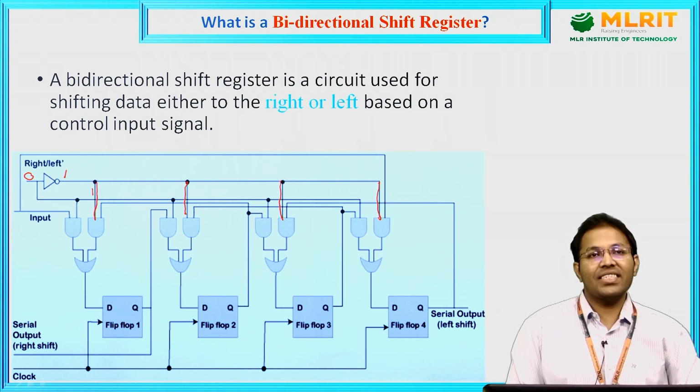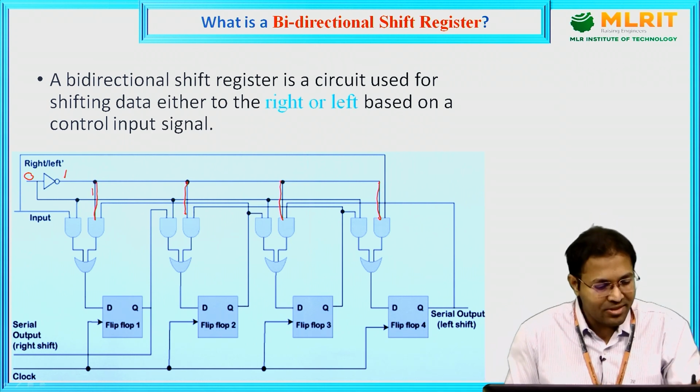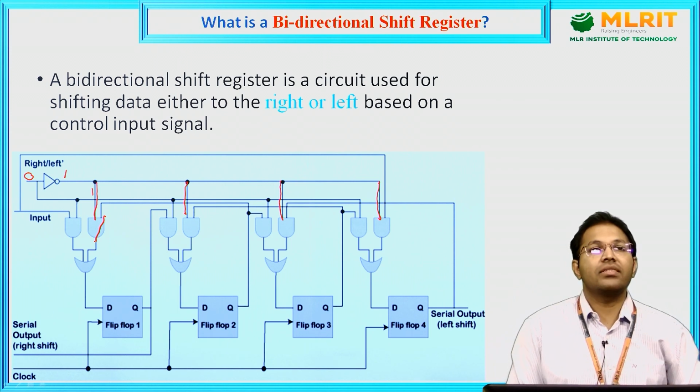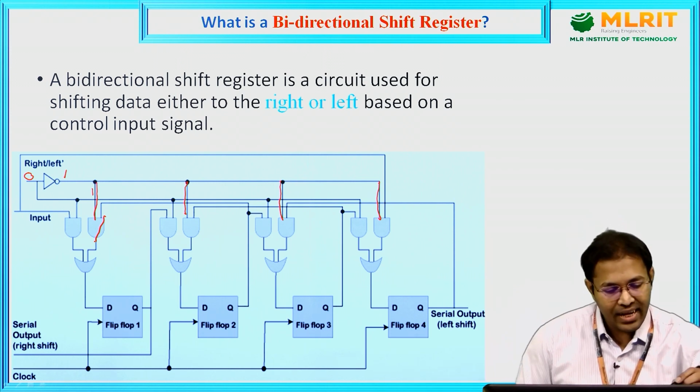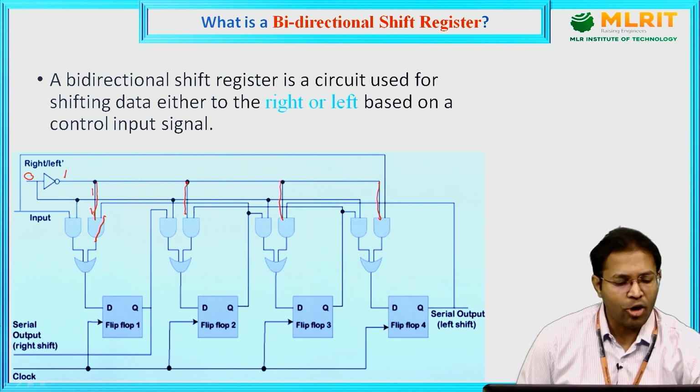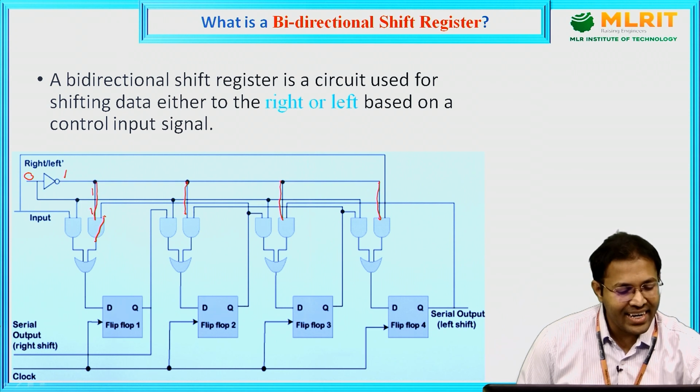Now, this is like a switch, and the switch is on. What do I mean by the switch being on? This second signal will pass to the input of the OR gate. Because we have a 1 here, the output of the AND gate will be the same as the second input.